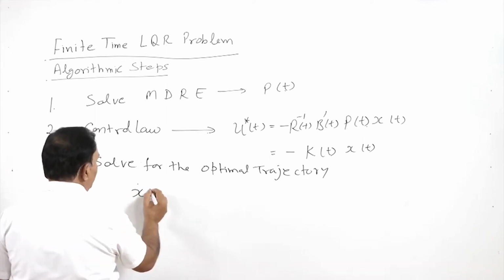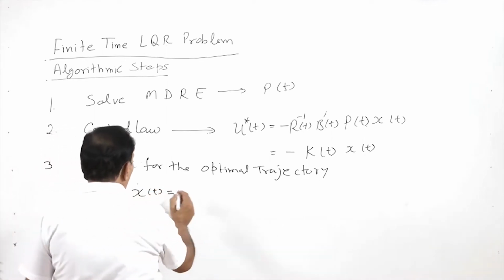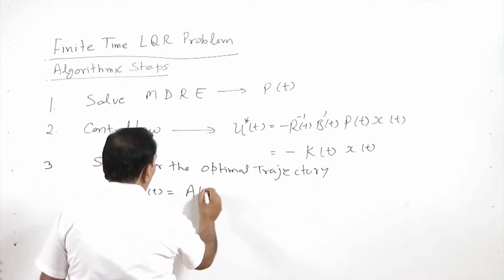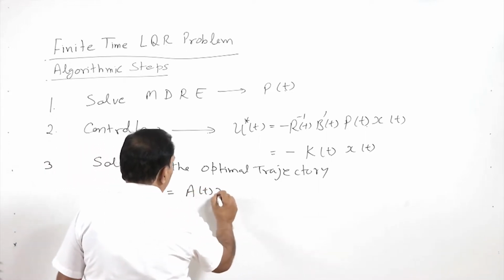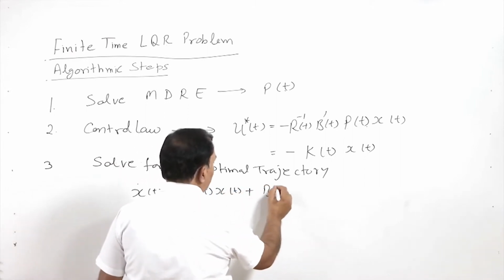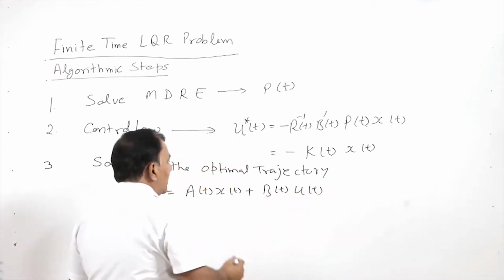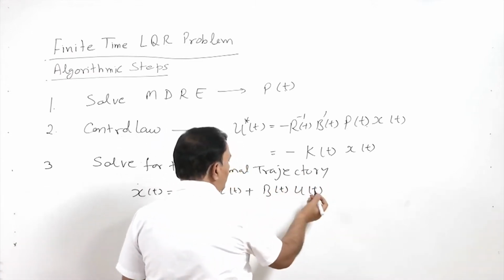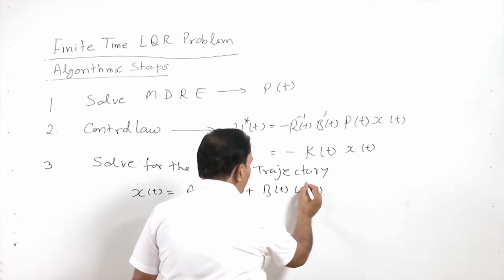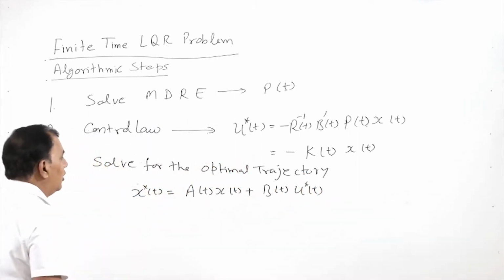My system is x dot t equal to at xt plus bt ut. If I use u to be the optimal, my trajectory will be the optimal.